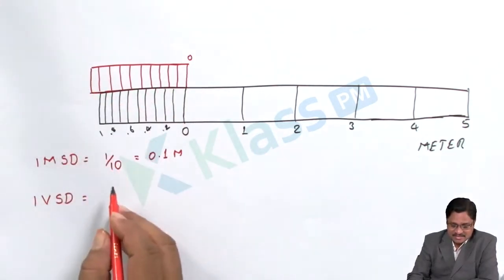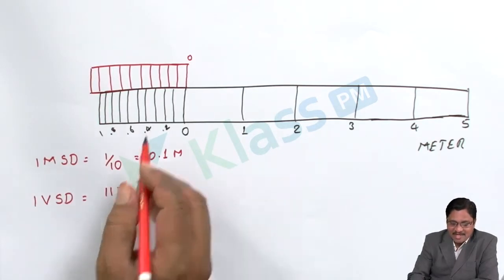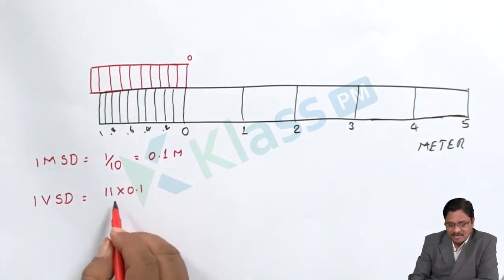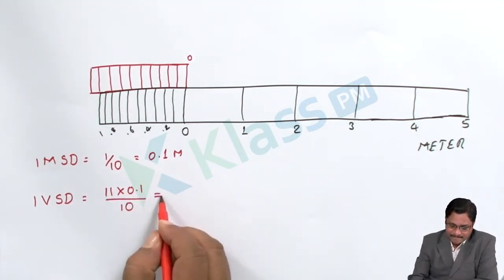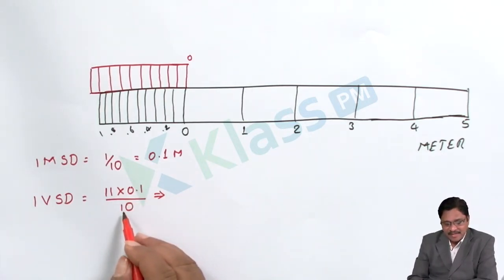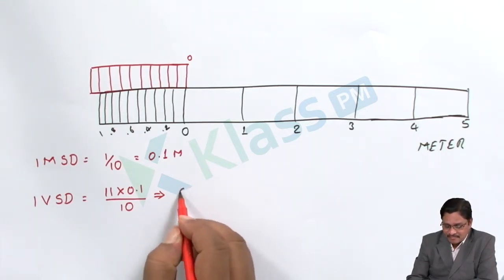Equivalent to 11 divisions. So 11 divisions multiplied by each division value, 0.1 divided by 10. So 1.1 divided by 10, I am getting 0.11.